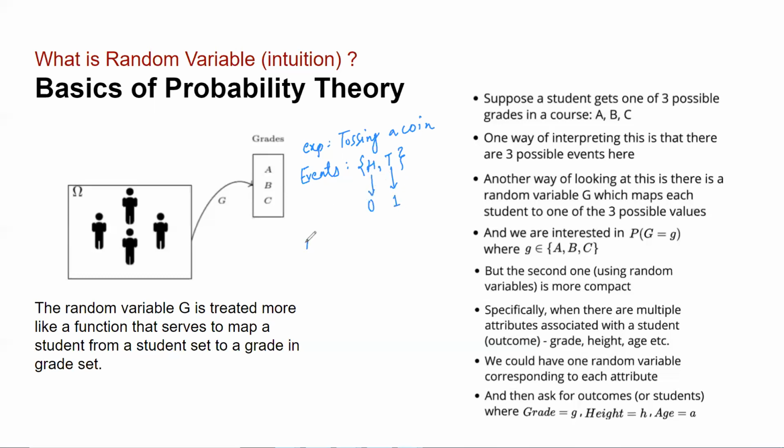Now I can write something like this: if I denote the event by E, then P(E = head) is 0.5. Similarly, P(E = tail) is also 0.5, right?